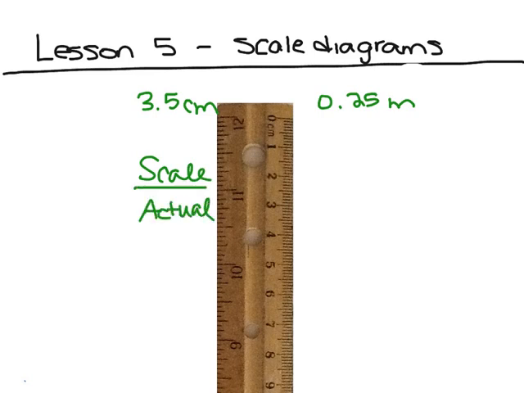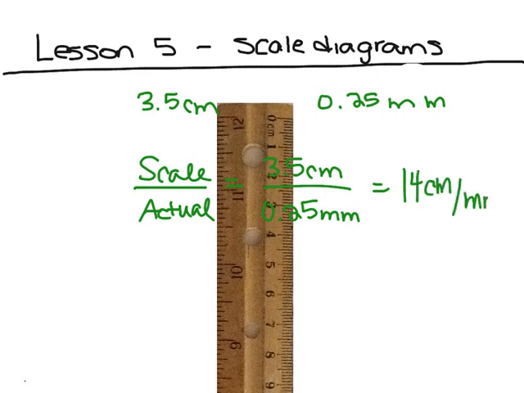And we know our scale size is 3.5 centimeters and the actual size is 0.25 millimeters. And divide the top by the bottom and you should get 14 centimeters for every millimeter. So this is actually an enlargement. And that's how you find the scale factor.